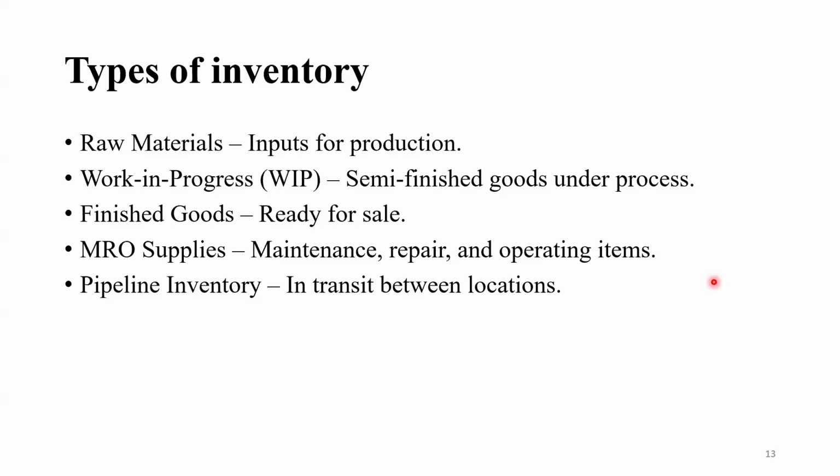So MRO here we can say is maintenance, repairing, and operating systems, but it depends upon the industry. In the aviation industry, you'll have maintenance, repair, and overhauling. When it comes to the production line or operations line, it is maintenance, repairing, and operating items.